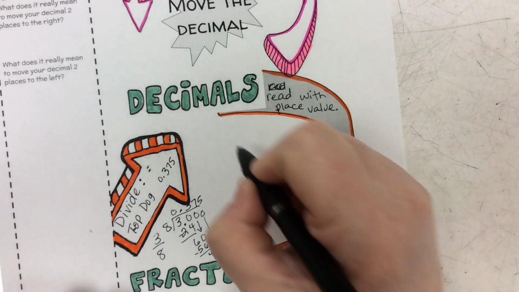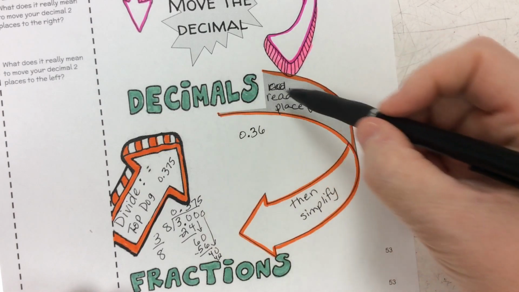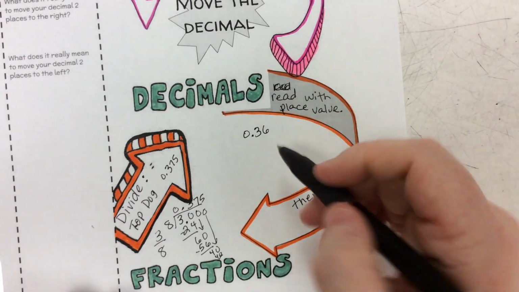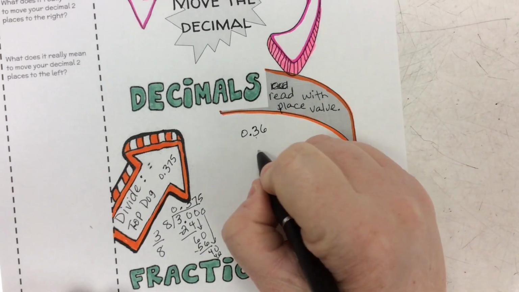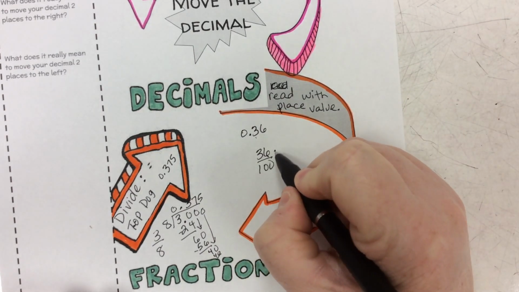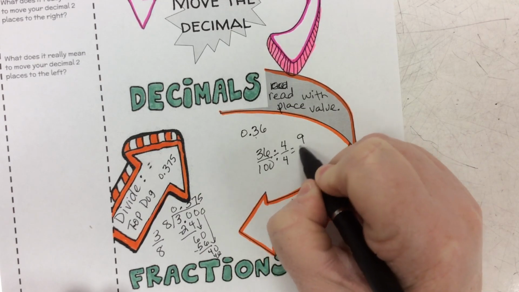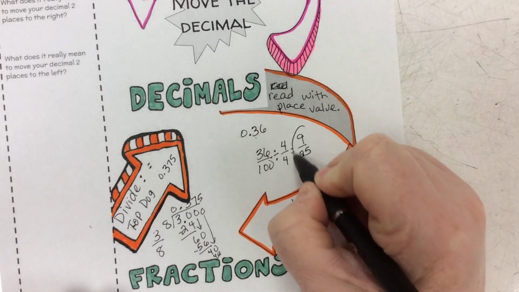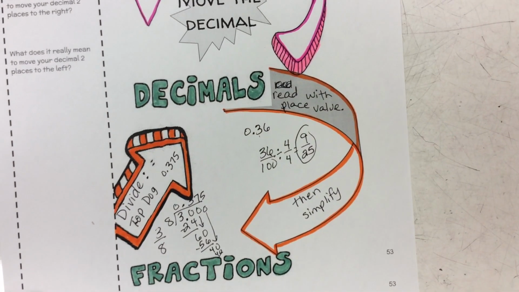So if I have like 0.36, that's my decimal, and I'm trying to get all the way around here to a fraction, I'm going to read it with place value. This is the 10th place and the 100th place, so it's going to be 36/100ths, and then I just simplify. I can divide both of these by 4, and I will get 9/25. Okay, that's fraction to decimal and decimal to fraction.